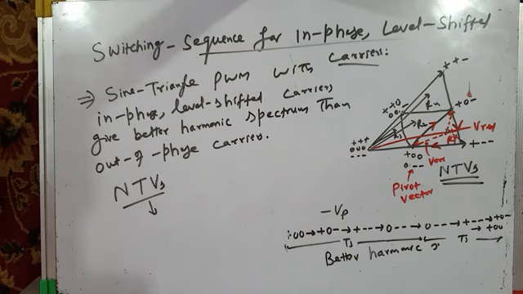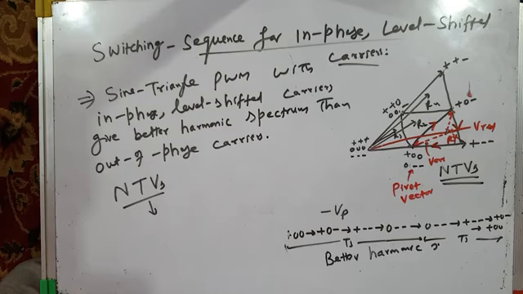Okay. Now, this is Sine Triangle PWM. The conclusion is that Sine Triangle PWM can be very easily implemented for 3-level voltage source inverters, or neutral point clamped NPC inverters, by using level shifted carriers. Now we have two options, either to use in phase level shifted carriers or out of phase level shifted carriers.